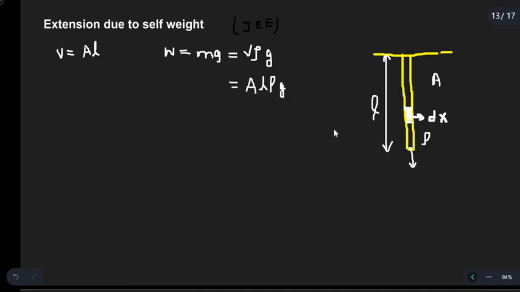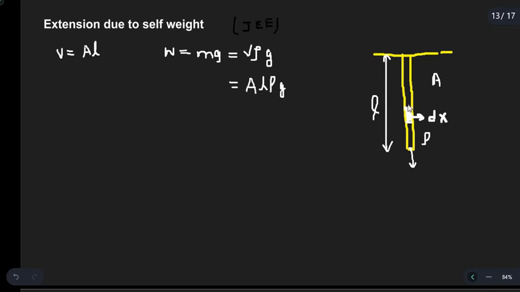Now let's do one thing. You can easily see that at each and every point as you go upwards, the force due to this weight will be different. Why will it be different? Because its effective length is changing.